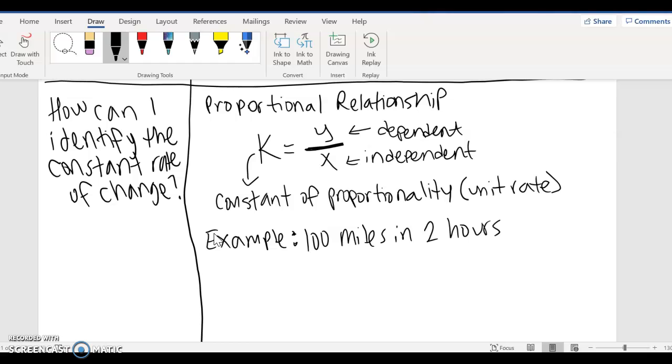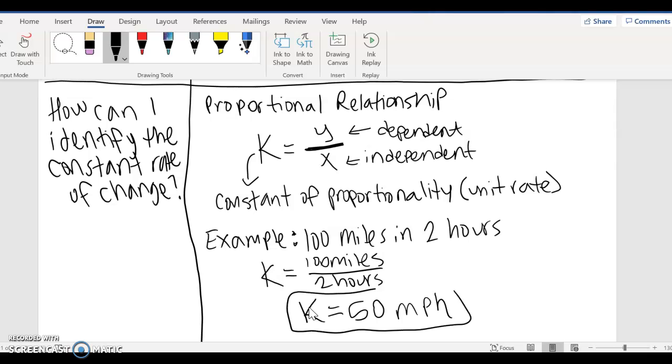So if I wanted to know the unit rate, how far we traveled in 1 hour, or the constant of proportionality, we use our equation k equals y divided by x, and in this case 100 miles is our y, 2 hours is our x, so 100 divided by 2, our constant of proportionality would be 50 miles per hour. So that's all you have to do. Anytime we're trying to find our constant or the unit rate, we just divide.